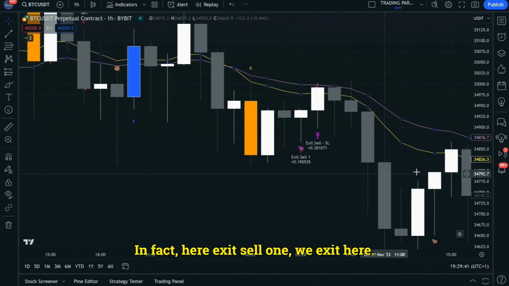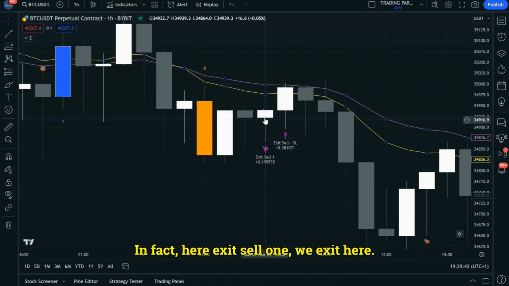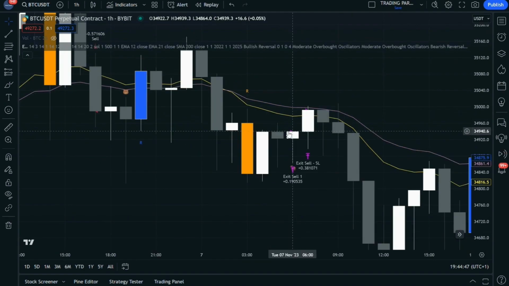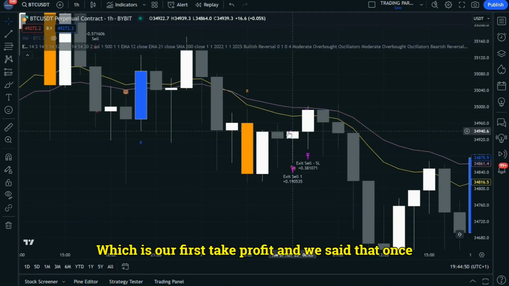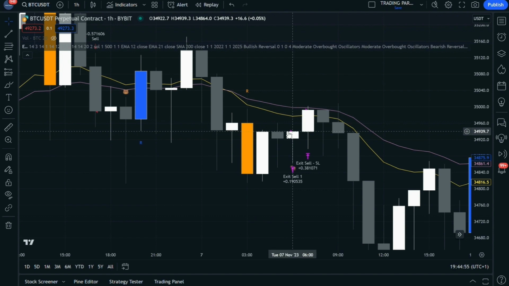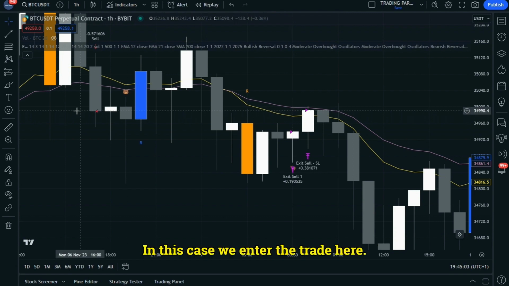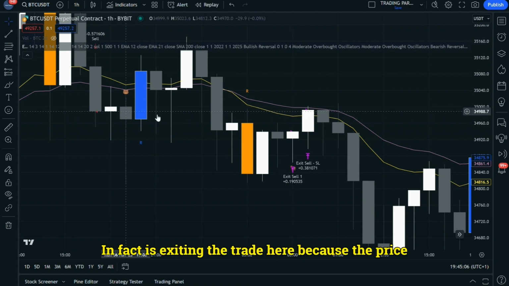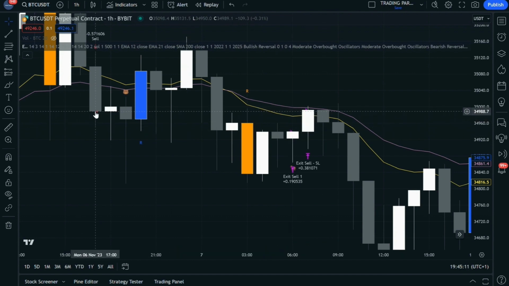In fact, here, exit sell 1, we exit here, which is our first take profit. And we said that once the first take profit is hit, move stop loss to entry price. In this case, we entered the trade here. In fact, it is exiting the trade here because the price reversed to where we entered, and our short position is fully closed because stop loss was hit.